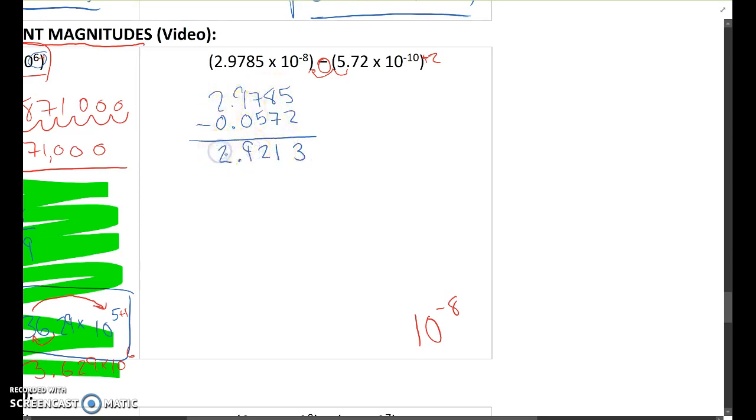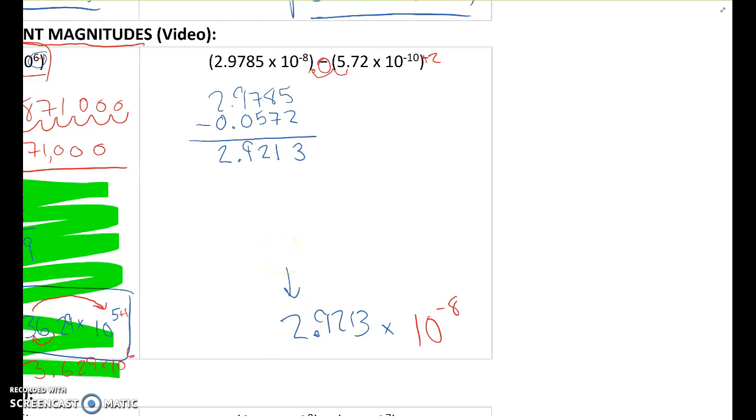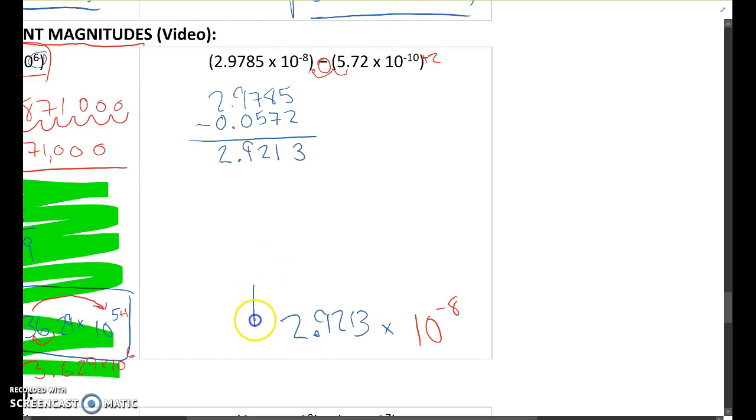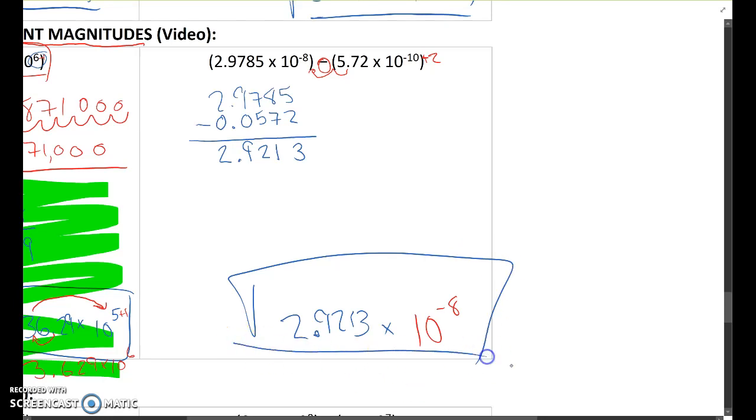Decimal, and 2. Now, when I come back down, I'm going to say times, I have 2.9213. I verify that this is in fact in scientific notation. I only have a single digit number in my ones place, which means that we are done.